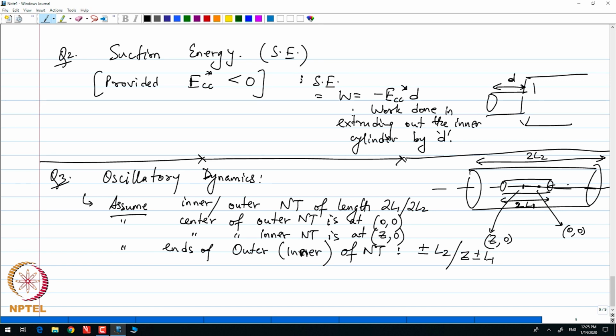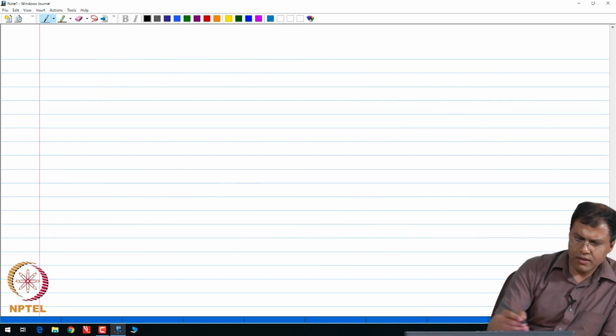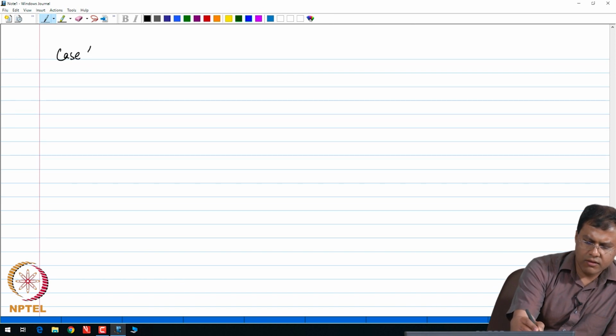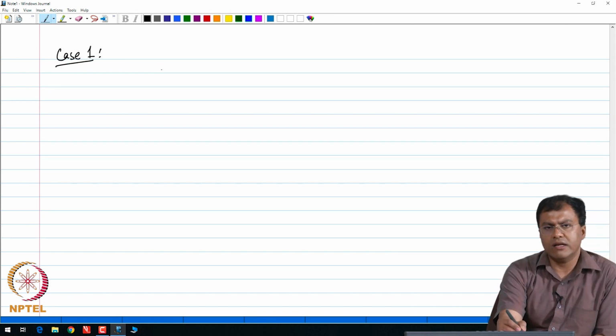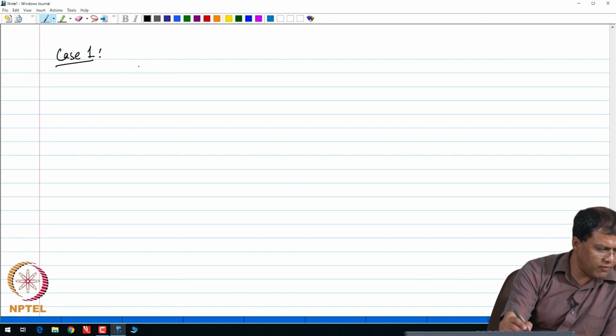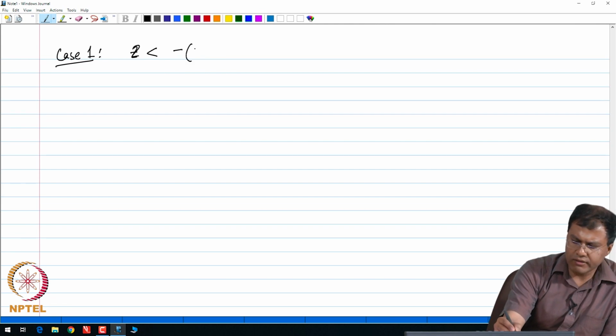Okay. And then in my oscillatory motion we will see that we have 5 different cases where the center of the inner cylinder can remain with respect to the origin. So, I am going to describe the motion in 5 different stages, in the form of 5 cases. My case 1 is when the center of the inner cylinder is extremely far apart, or when my z is less than minus L1 plus L2.